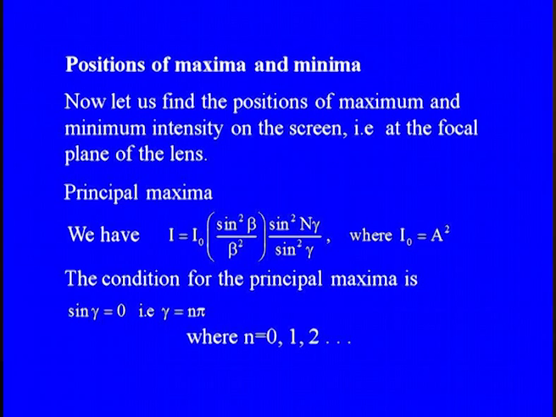From the intensity equation, I is equal to I naught sin squared beta by beta squared into sin squared n gamma upon sin squared gamma, we can write the condition for principal maxima, that is where the intensity is maximum. So, intensity will be maximum when sin gamma is equal to 0, that is gamma is equal to n pi, where n is equal to 0, 1, 2, 3, etc.